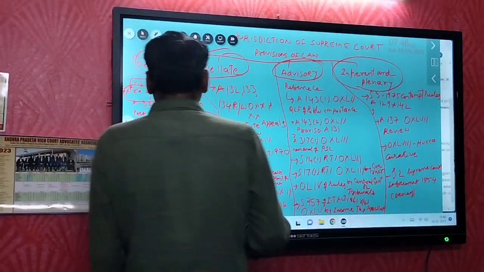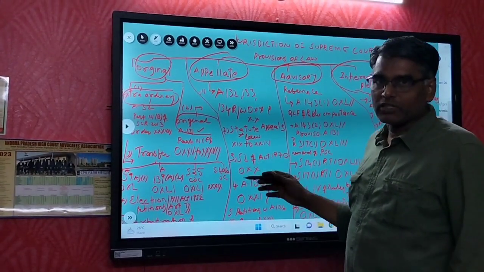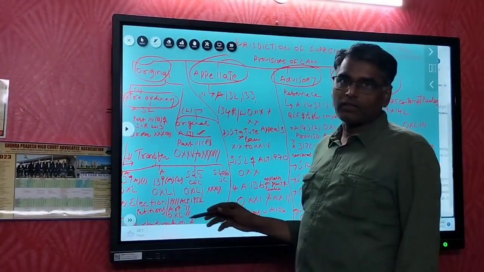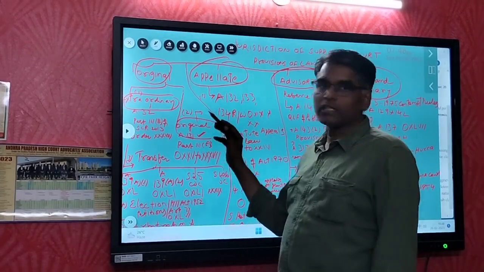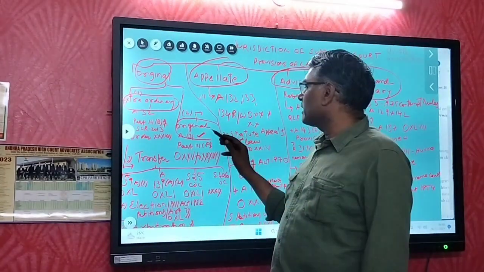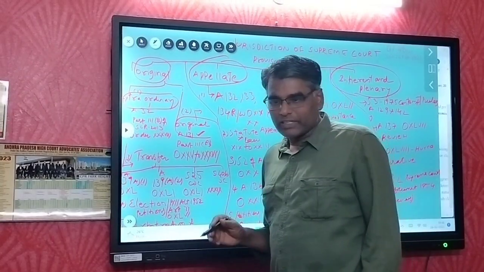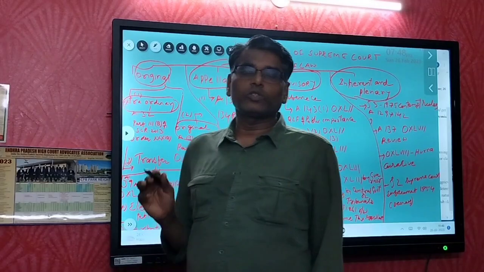So what legal provision controls the original jurisdiction? Article 131 is the basic provision that deals with the original jurisdiction of the Supreme Court. Along with Article 131, we know that the Supreme Court has its own rules, Supreme Court Rules 2013.